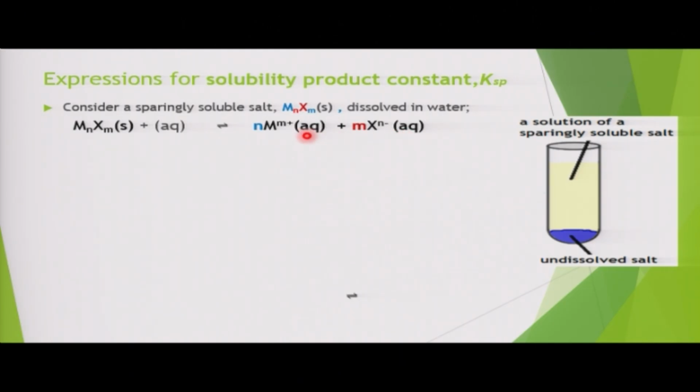Remember, it sets up an equilibrium because it is a salt in contact with its solution. That's why we have this reversible sign, indicating even these ions can combine back to form the salt. And at the same time, the salt will continue ionizing, provided something is disrupting the amount of ions.